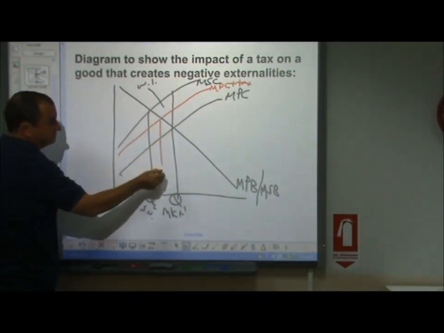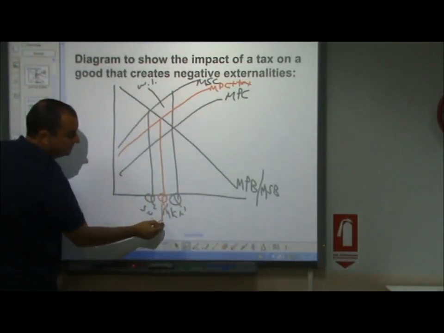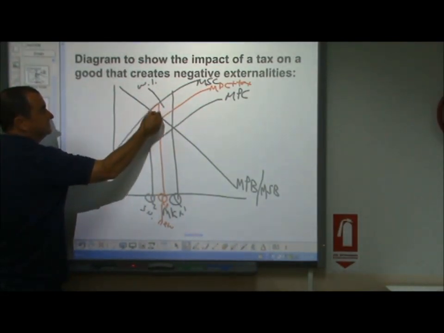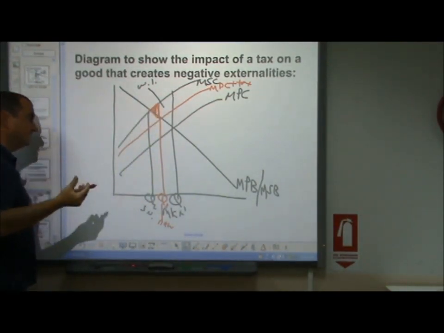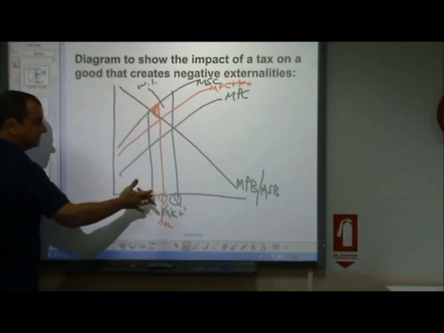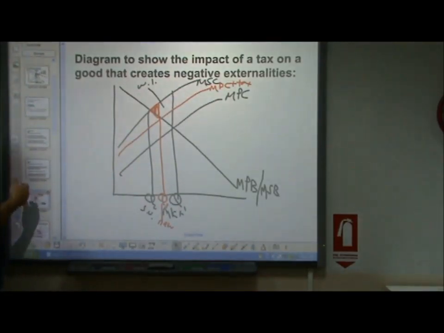There's the intersection between private costs and private benefits. That is the new level of output, and of course the welfare loss has been reduced to this area, and that's a benefit. That's improved. It's taken the market-generated level of output closer to the socially optimal level of output, and that's definitely an improvement.